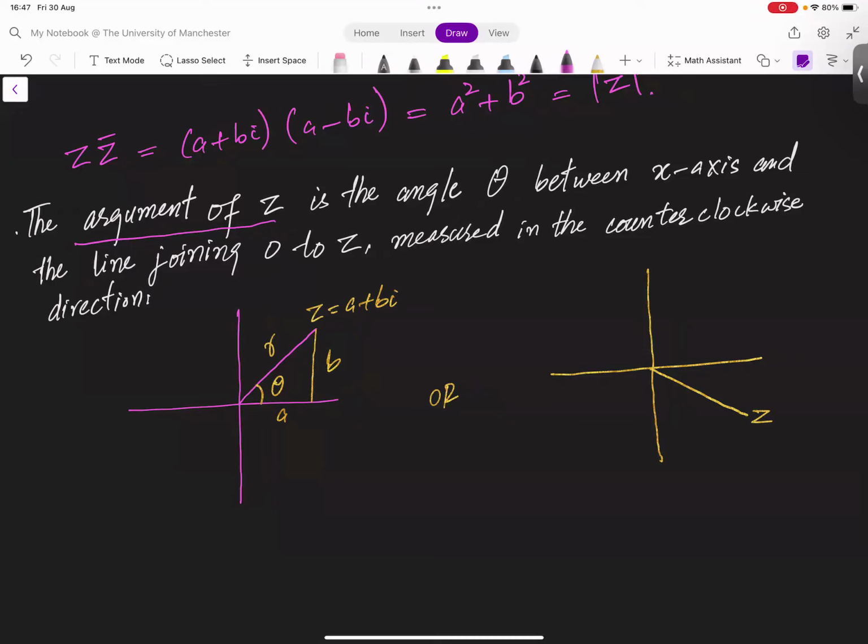Now theta can be measured counterclockwise, starting from here to here, like this. And this is going to be theta.